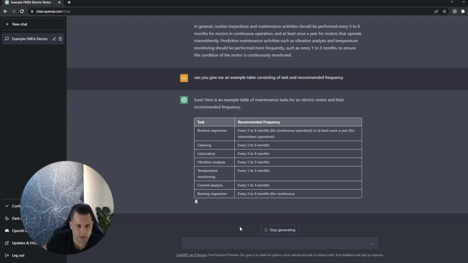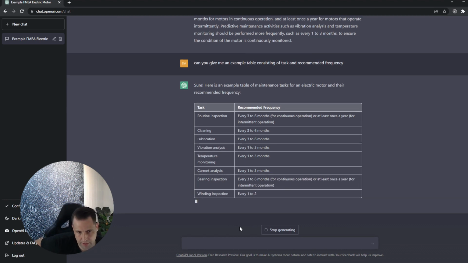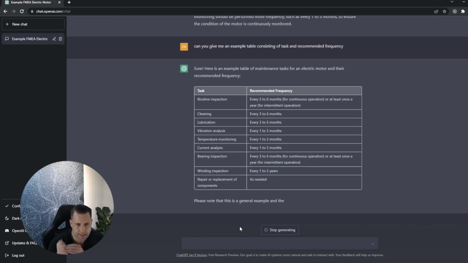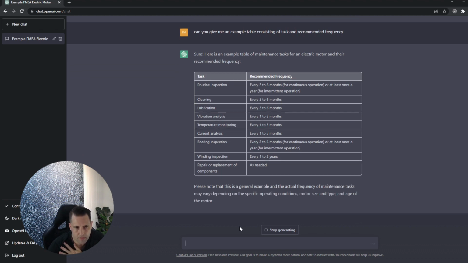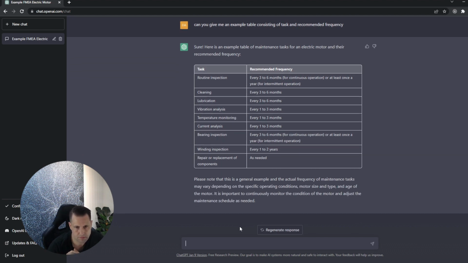Cool. So it's basically blanketing everything 1 to 3 months. Obviously, it has no context here, but winding inspection 1 to 2 years, general example, and it caveats it too, which is good.